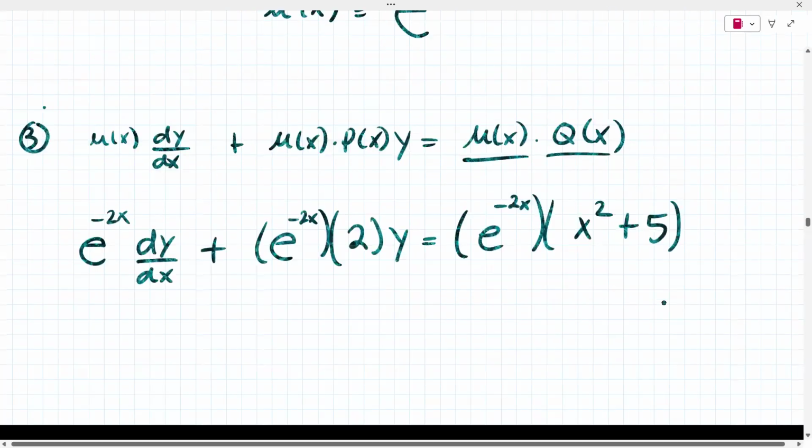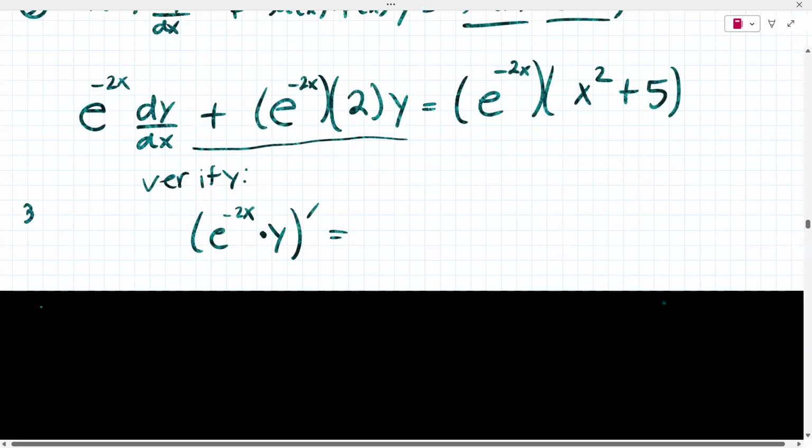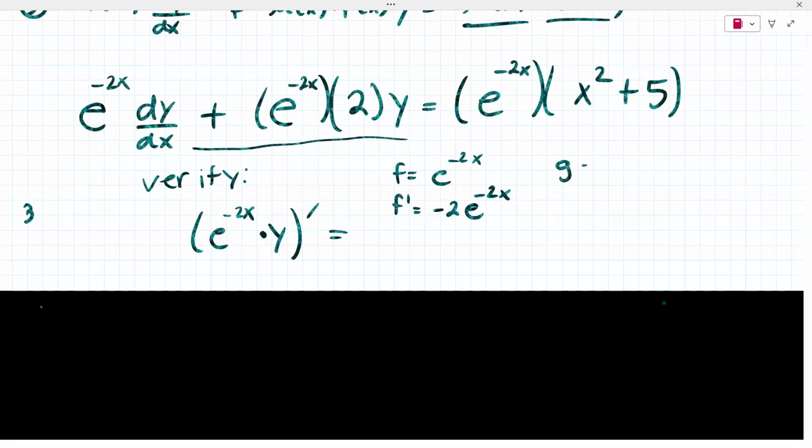Once we do that, we have to verify the left side using the product rule. Verify that if you take e^(-2x) times y and take the derivative of that, it should give you this. I think it does, because my f is e^(-2x), my f prime is negative 2 e^(-2x), my g is y, and my g prime is dy/dx.